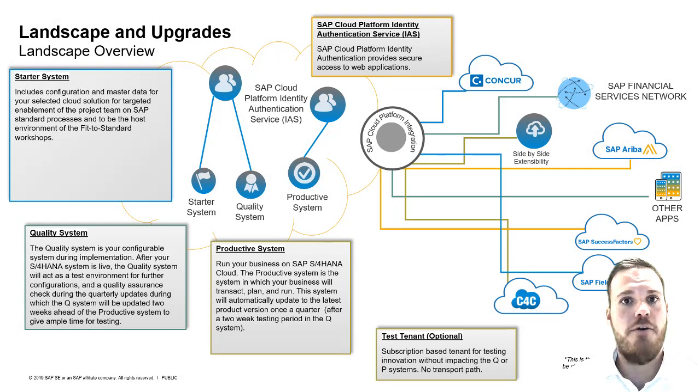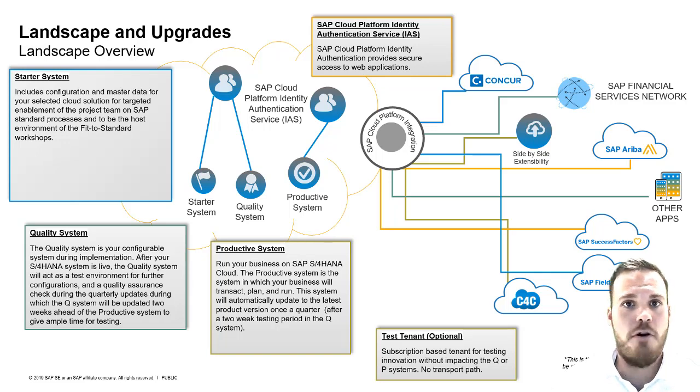To see how you fit to standard, you have a demo system which is called Starter System with sample data. After completing the first steps of the Activate methodology, you will go into the Q system and request the P system. After the request of the P system, 30 days later, the starter system will be decommissioned.